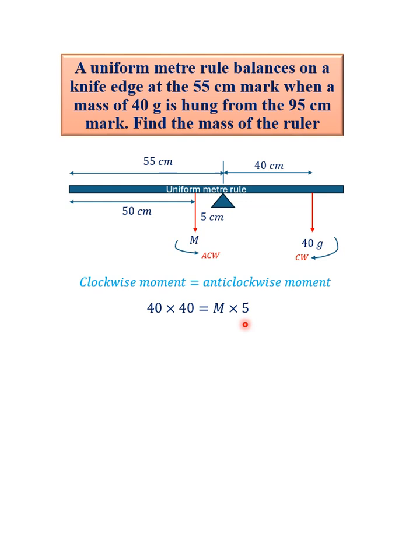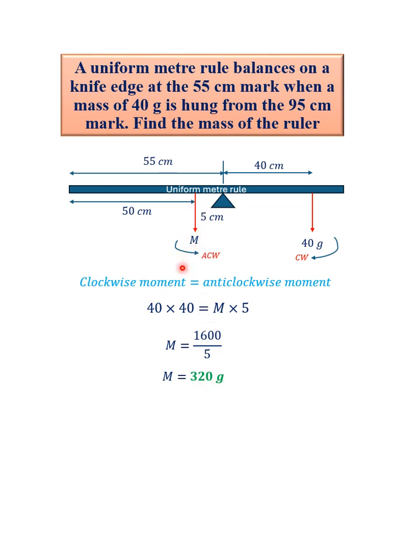That is m times 5. To obtain m, we divide both sides by 5, and that gives us m equals 40 times 40, which is 1600, divided by 5, and that gives us 320 gram as the mass of the meter rule.